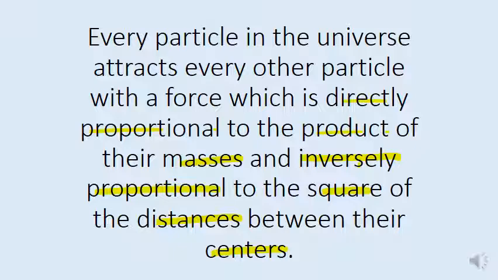Okay, so firstly, it says that gravity is attractive. And the size or magnitude of the force depends on not just the masses of the objects involved, but the product of the masses, and it's inversely proportional to the square of the distance between their centers. So just to quickly sum up, it says that the larger the masses of the interacting bodies, the greater the force.